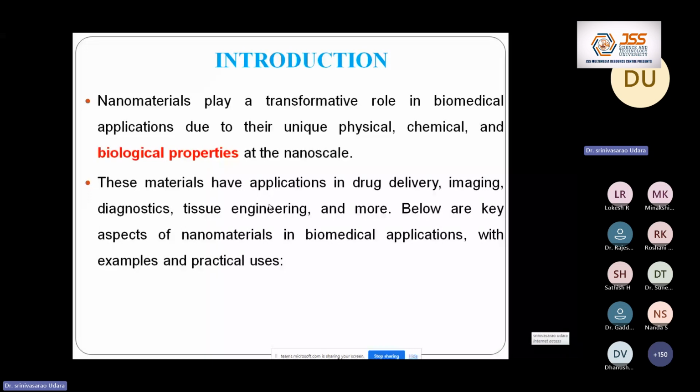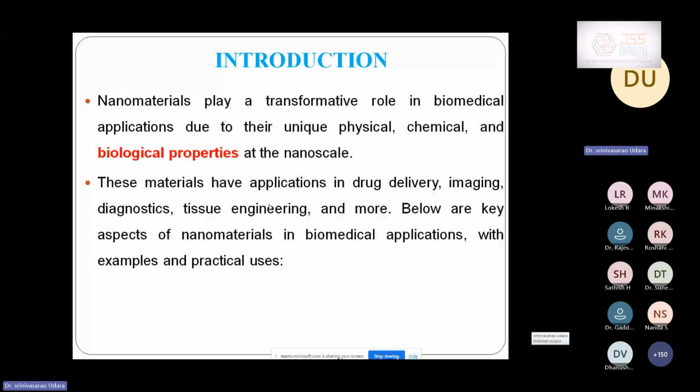So in biomedical applications, the main important parameters are biological properties. There are a number of materials having many applications, but only a few materials can be found in medical applications, for example drug delivery, medical imaging, diagnostics, and tissue engineering.